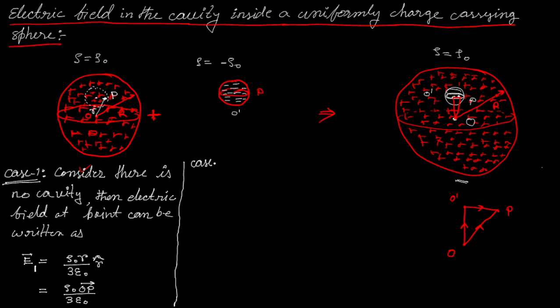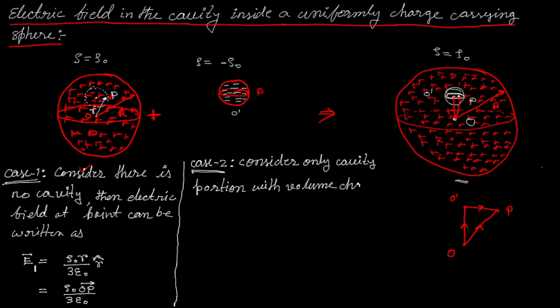So case 2, consider only the cavity portion, with volume charge density rho is equal to minus rho naught.